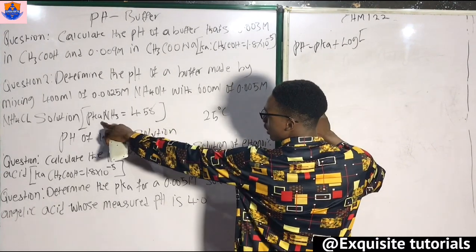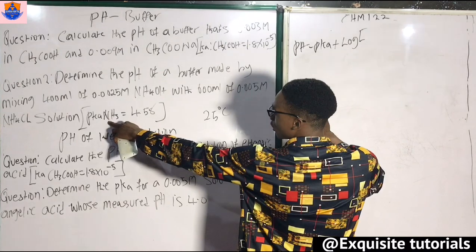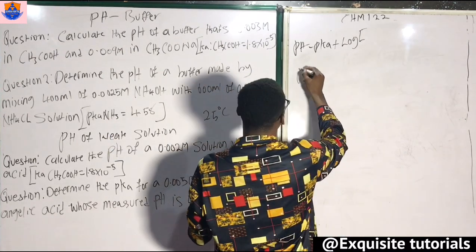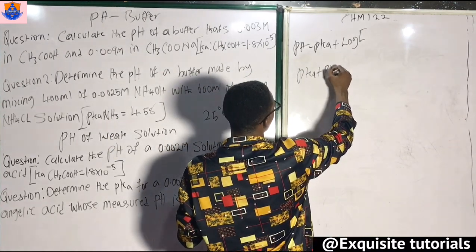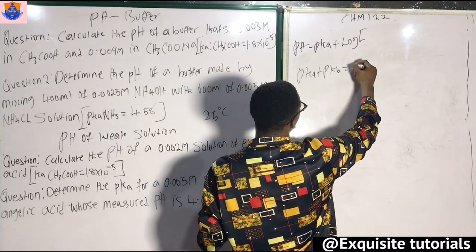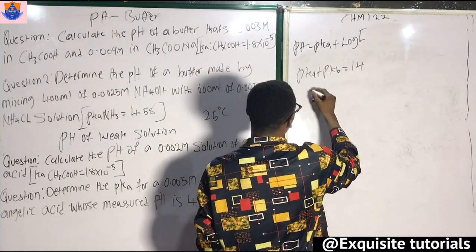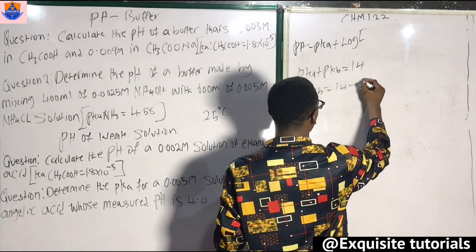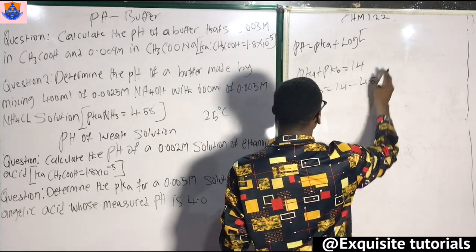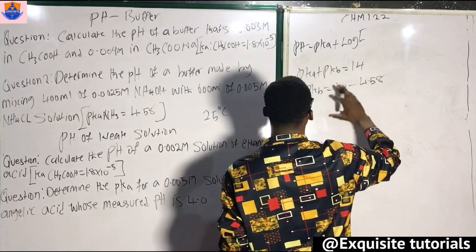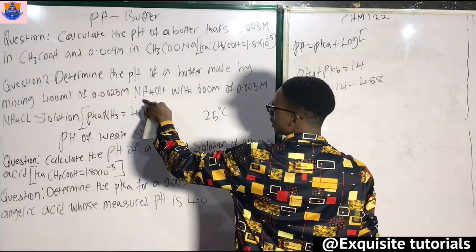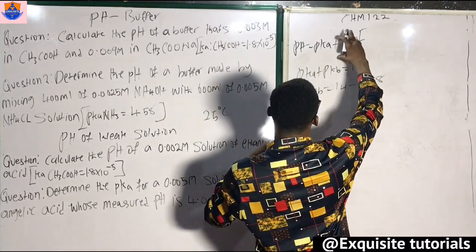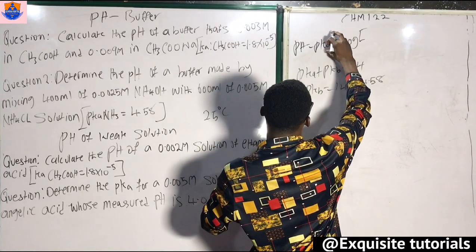the pKa of NH3. Now recall that pKa plus pKb is equal to 14. So pKb is equal to 14 minus 4.58. Now why am I doing this? It is because this is a base and not an acid, so we can't use pKa yet.